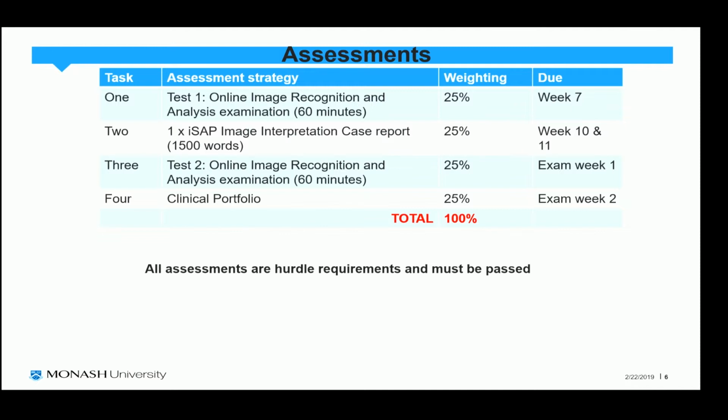There are 2 parts to that, and I'll talk about that later, and that needs to be submitted during weeks 10 and 11. And then the third one will be a second online exam, which will take place during exam week 1. And then you need to submit a clinical portfolio with a weighting of 25%, and that will be during the exam week 2.